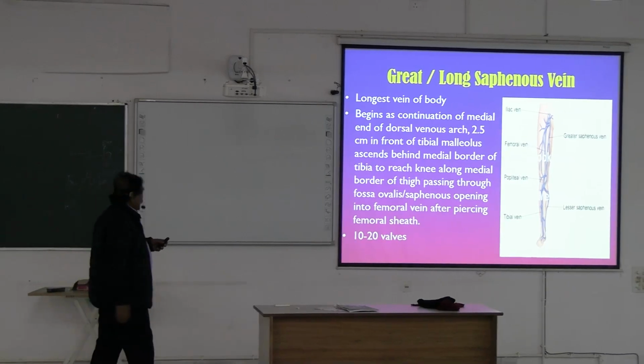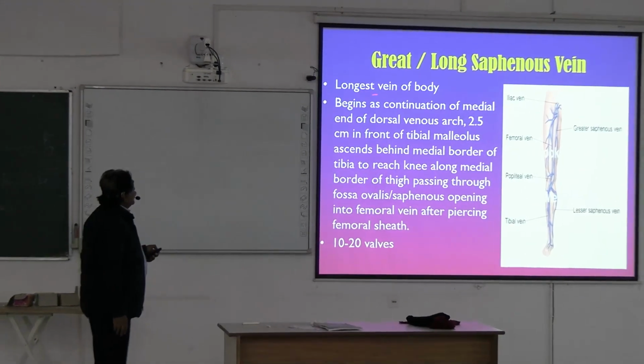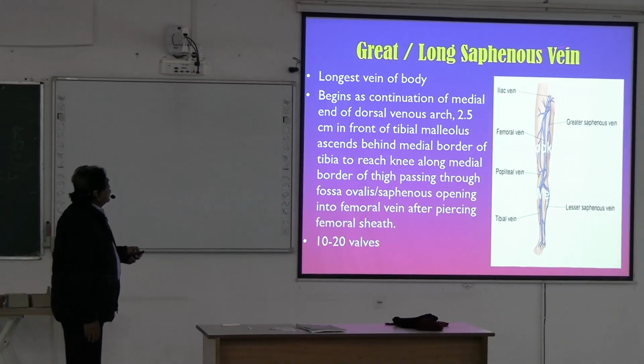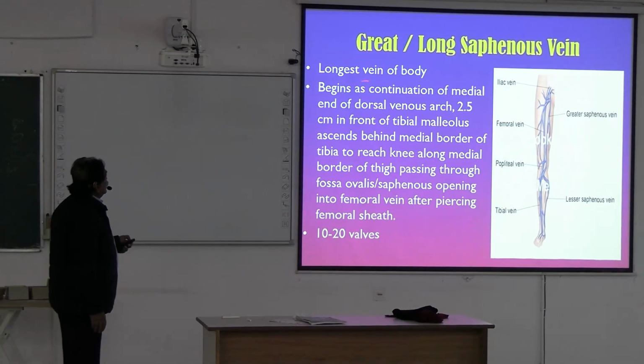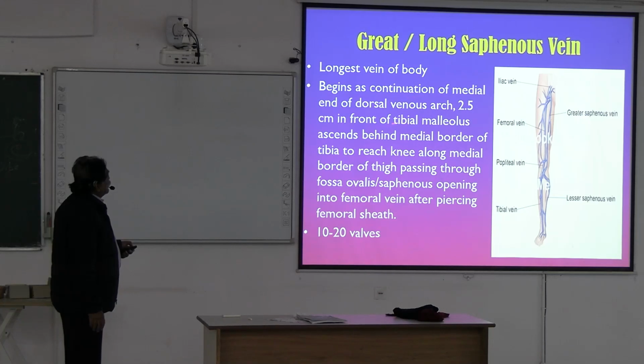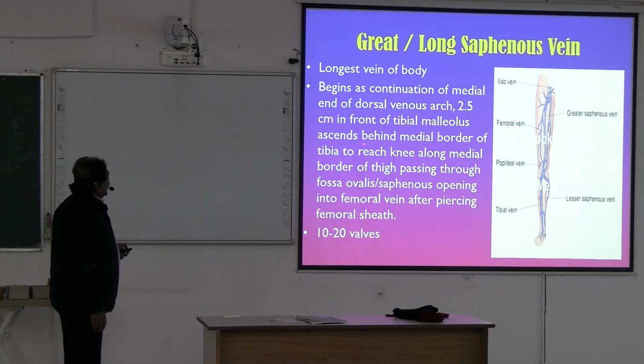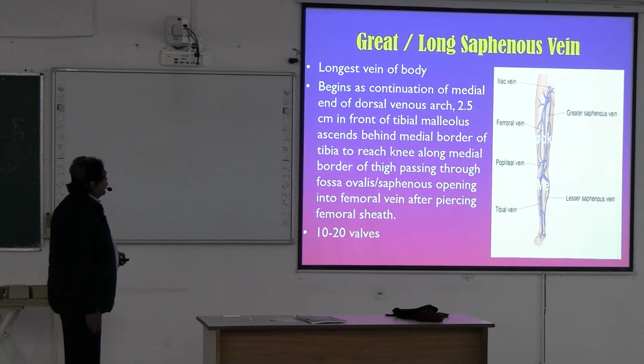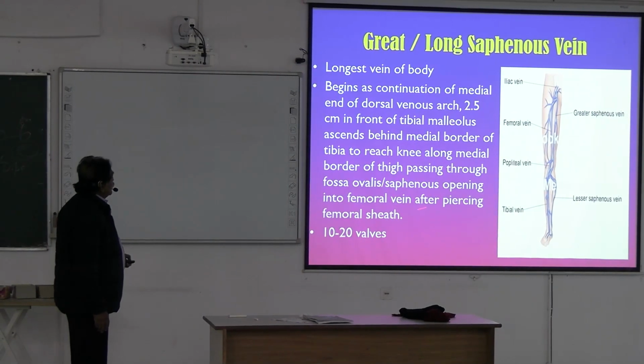Now, the longest vein of the body, the great or long saphenous vein. It begins as a continuation of the medial end of the dorsal venous arch, 2.5 centimeters in front of the medial malleolus, ascends behind the medial border of the tibia to reach the knee, then along the medial border of the thigh, passing through the fossa ovalis, the saphenous opening, into the femoral vein after piercing the femoral sheath.